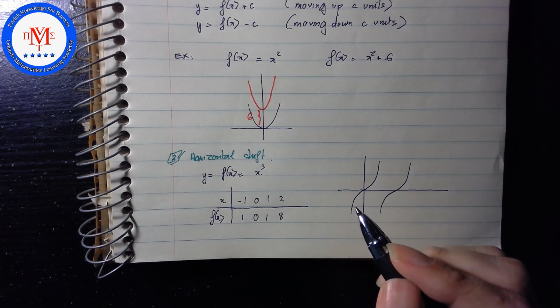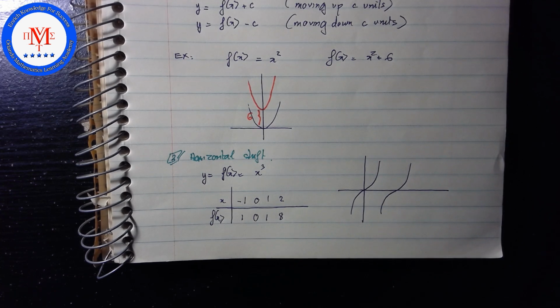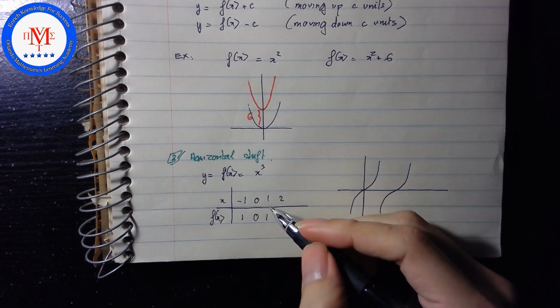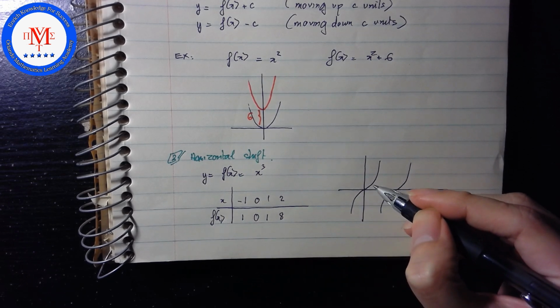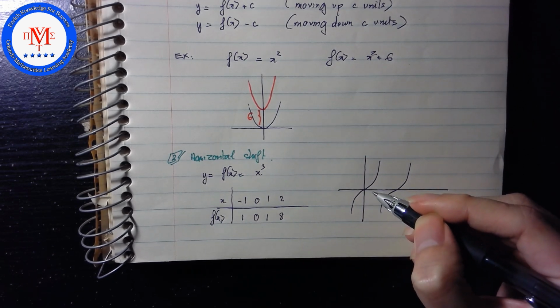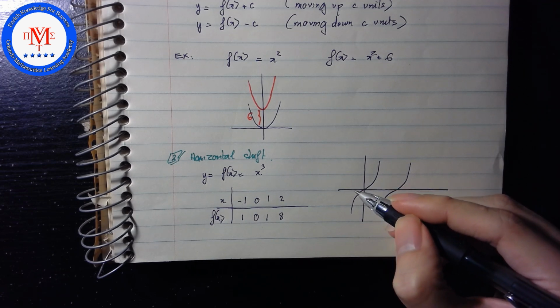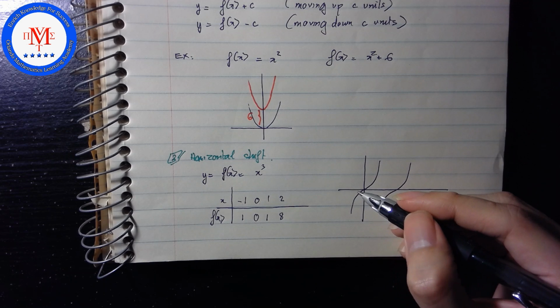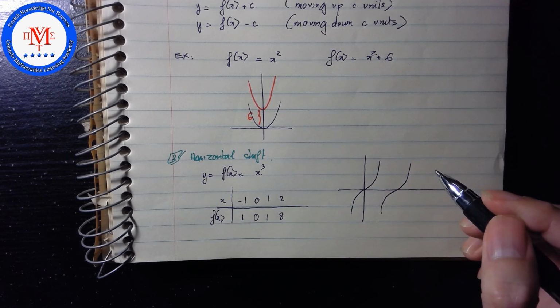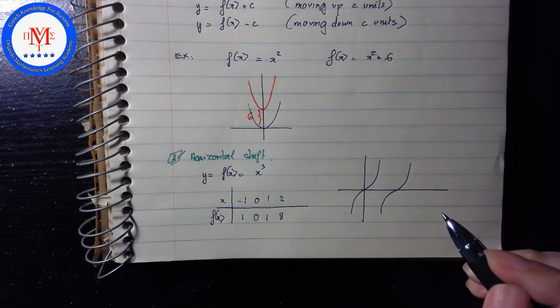Let me see. Or instead of having 1, 1, we want to move to the left, we have, for example, -1, 1, because we subtract it, right?